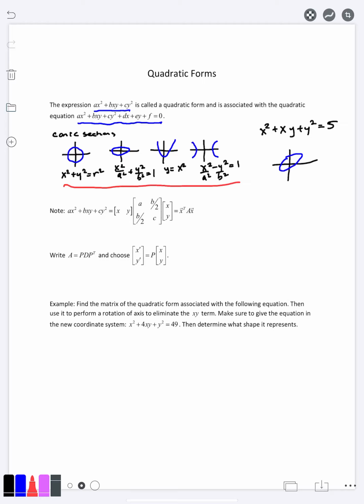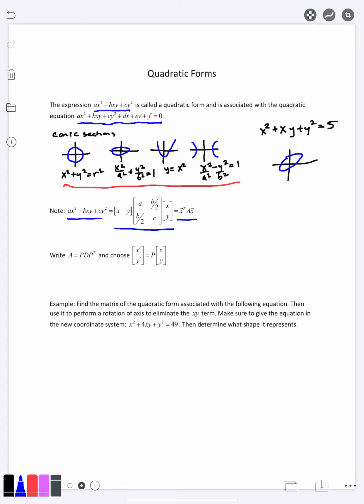First things first, notice that we can take our quadratic form and rewrite it in this matrix format, where the x vector is our variables x, y, and this A is this matrix with a, b over 2 on the top row and b over 2, c on the bottom.